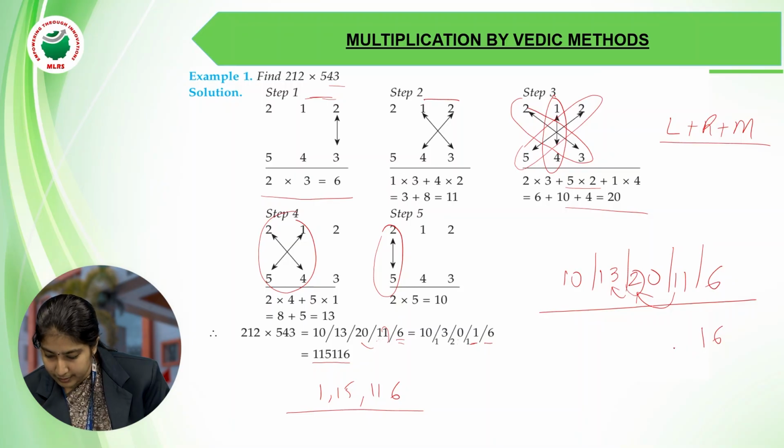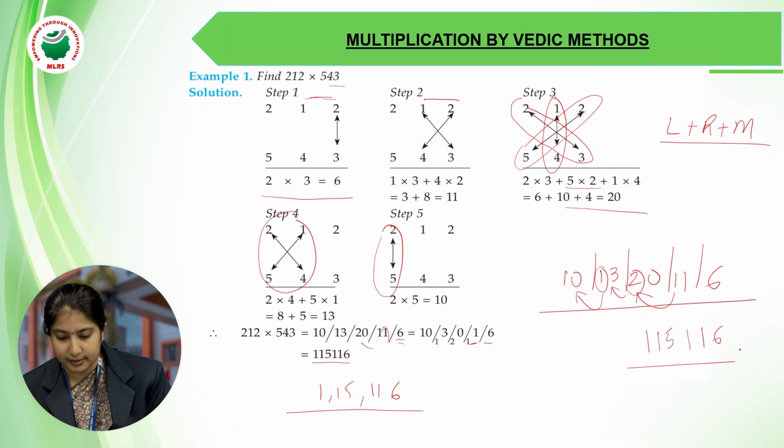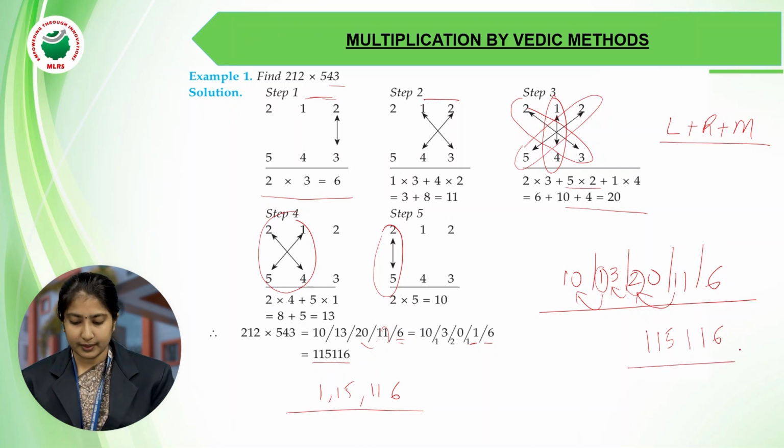So 2 plus 3. Again here you are having 1, so this will move to the other side of the number. So here we are left with 3. So 1, 5. Again you are having 13 here. So again it is 1, 1. And yes, this is the final answer.